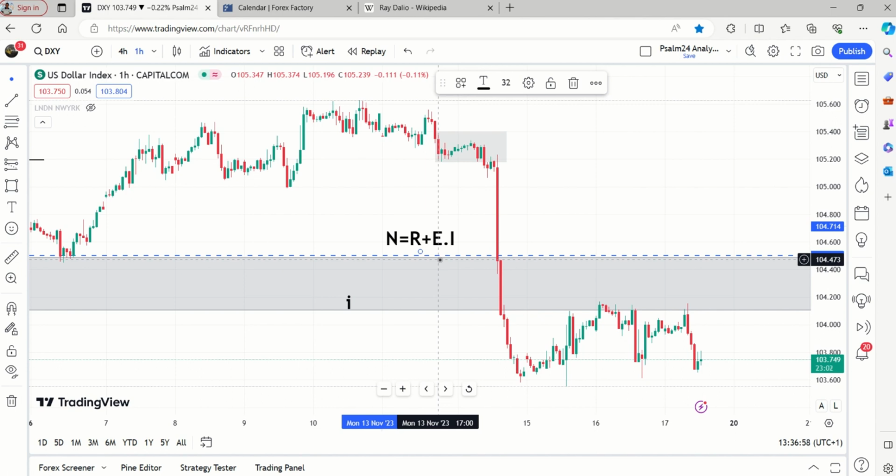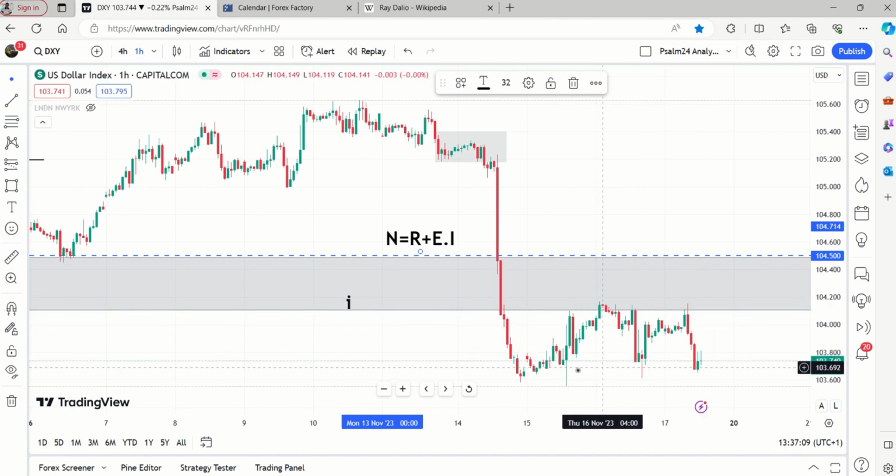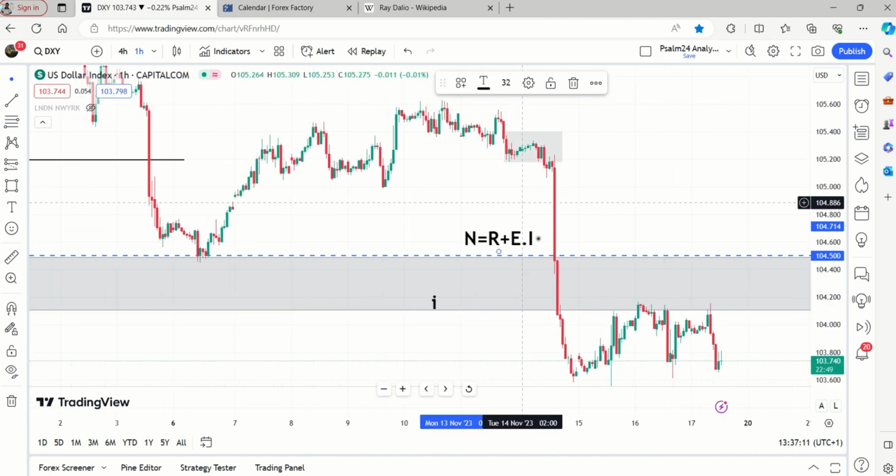So, in response to that, the value of the dollar dropped. And that was why we have this drop in the value of the dollar. I believe this is clear. All right, I won't take much time. I want to make it as short as possible.